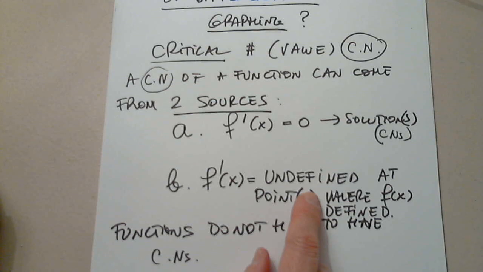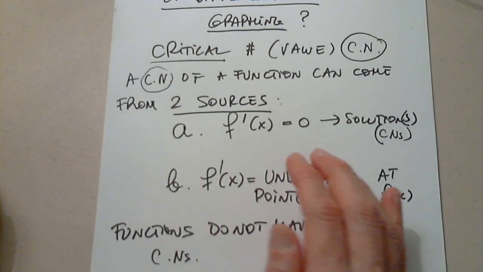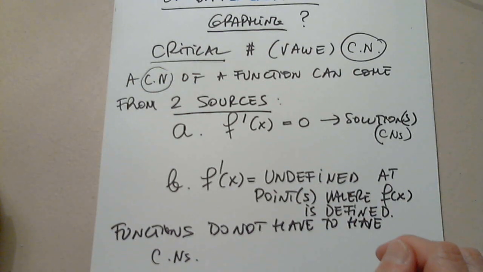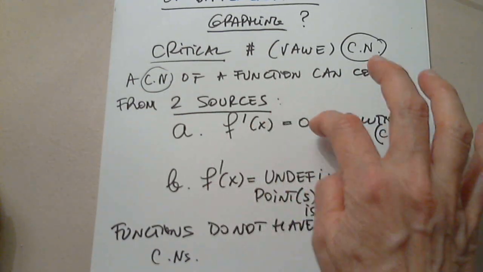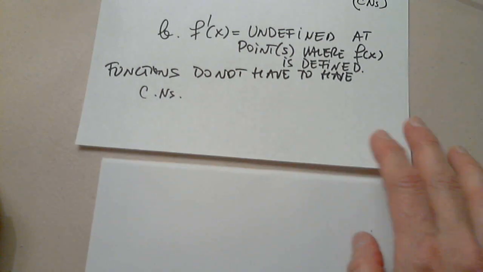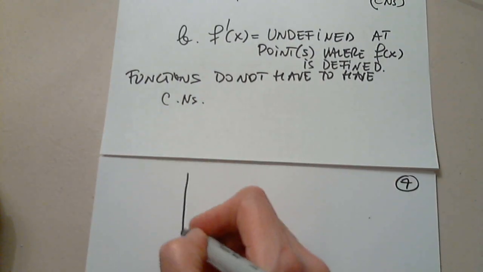That's not a critical number. So if f prime is undefined where the function exists, that is a critical number. I'm going to give examples from each so you understand. Question first. Let's suppose we have this function.